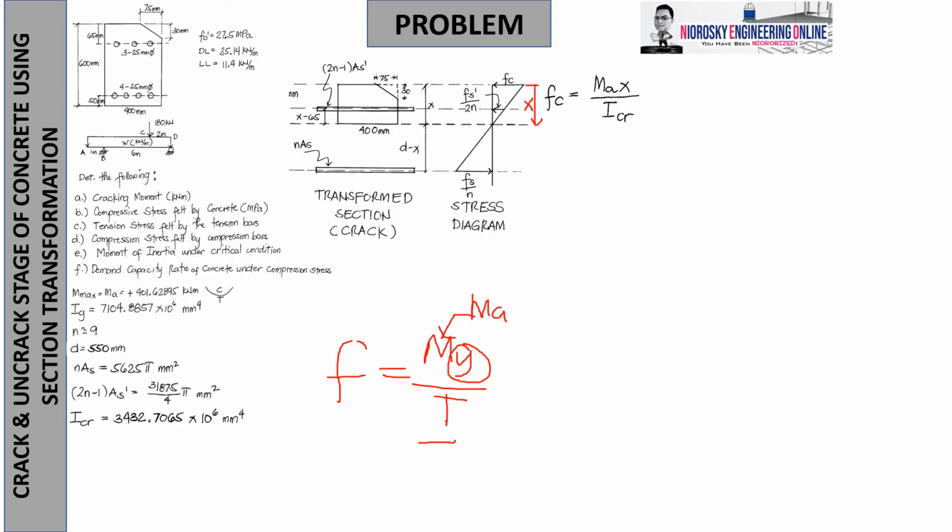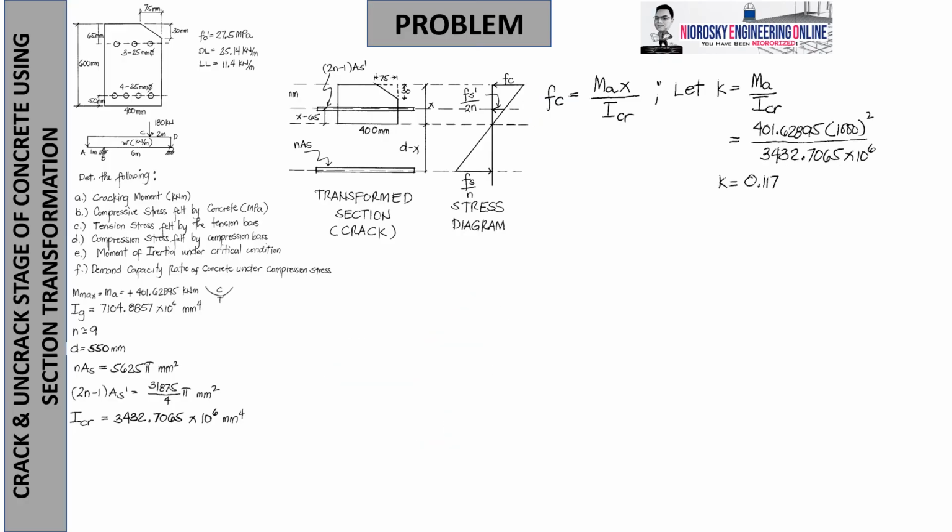Okay? So, therefore, gawin natin, medyo i-describe pa natin siya. Total linear na, no? Let K be the ratio of the maximum moment and the cracking inertia. So, bakit ako nag-introduce ng 1,000 squared? Note that this is in terms of kilonewton meter in moment. My main objective is to convert this into a similar unit of Newton and millimeter para madali ako mag-interpret ng megapascal.